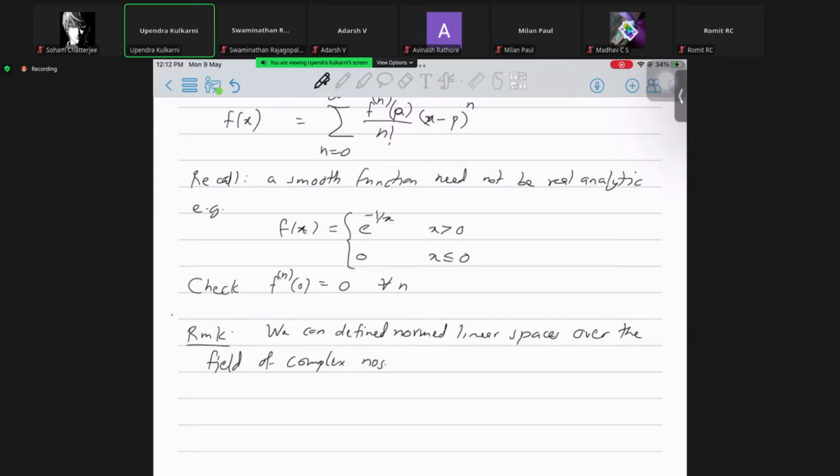So the norm of lambda v is equal to, this is what we had, no? Regard the absolute value of the complex number lambda.